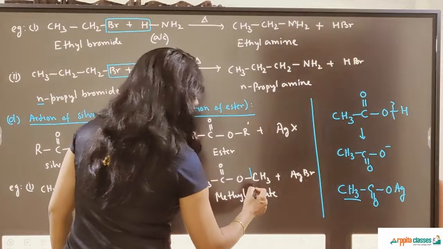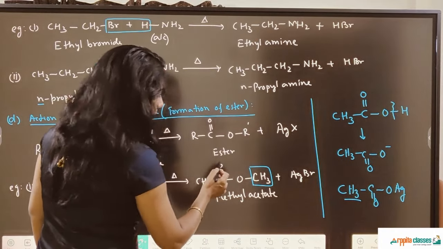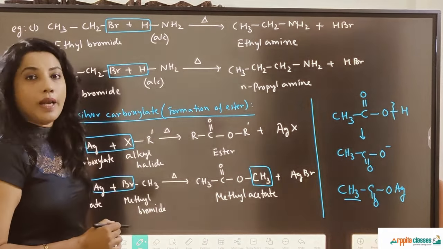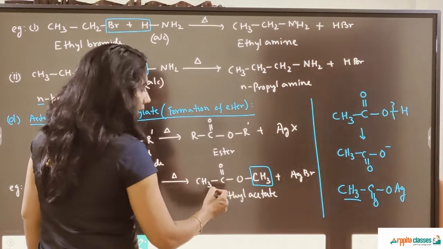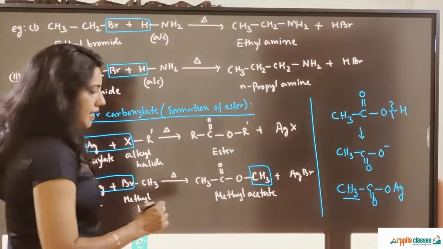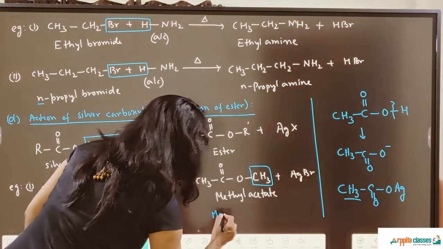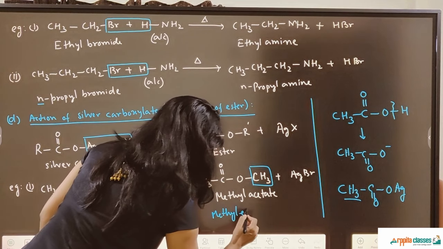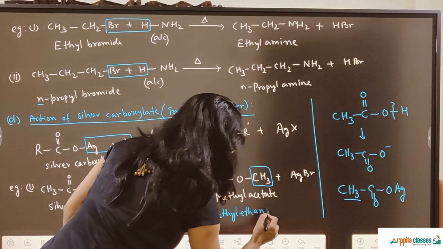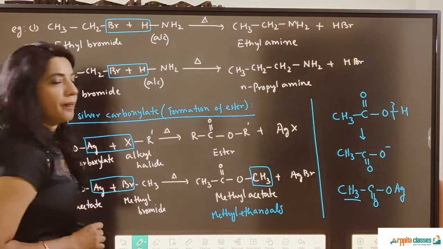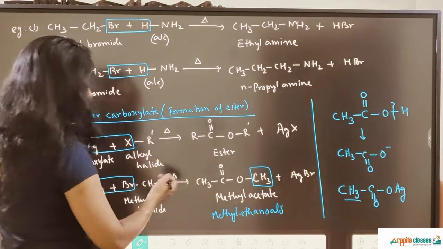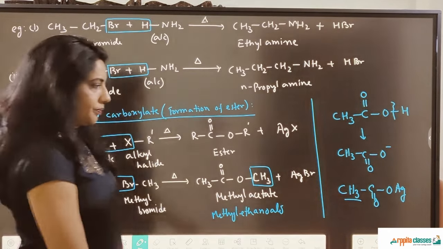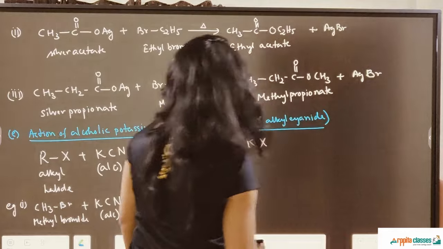This part we take as alkyl and this part we take as alkanoate, in IUPAC I am talking about. So it will be methyl ethanoate. That is the IUPAC name. If you write down the common name, then it is methyl acetate plus AgBr is the byproduct.